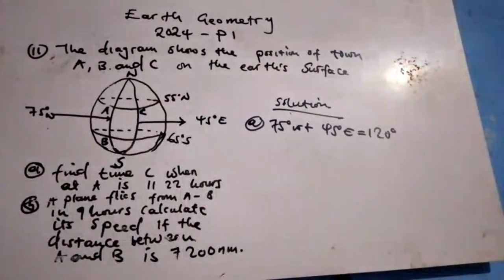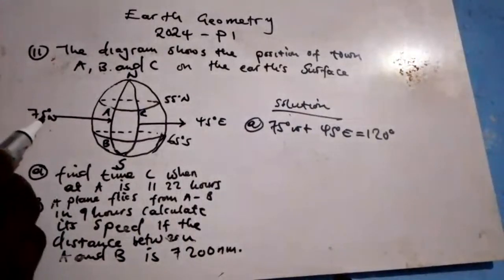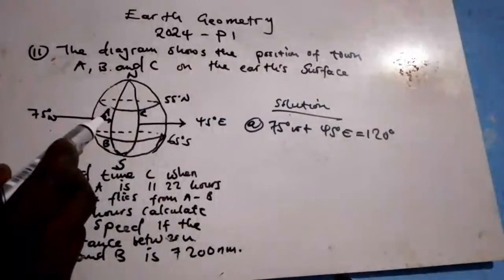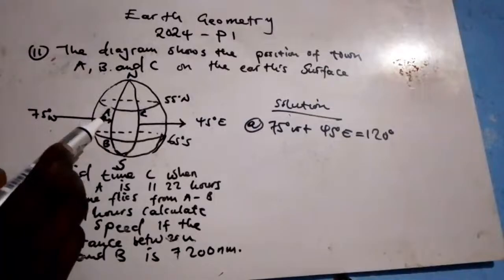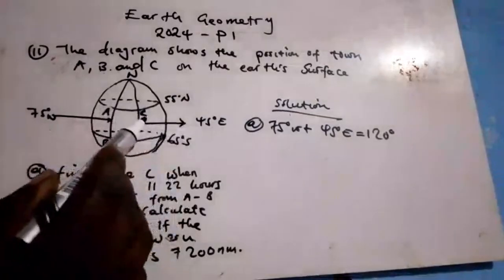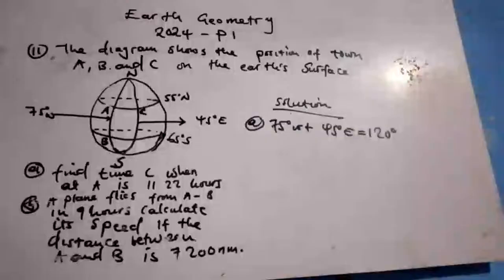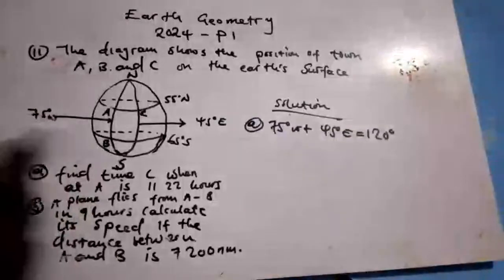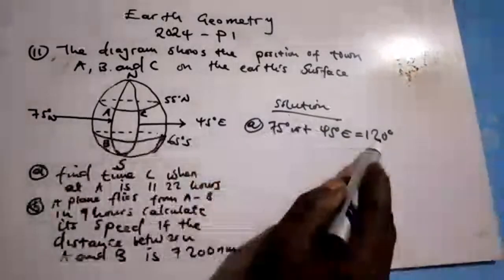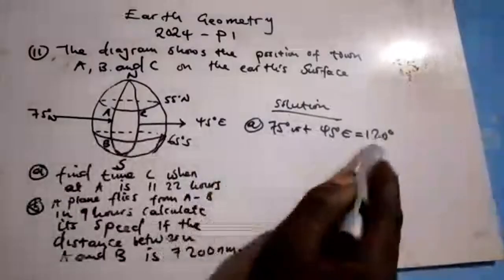If A was east and C was east, that means we would subtract. Now the longitudes are on opposite sides, west and east, so we must add, which gives 120.